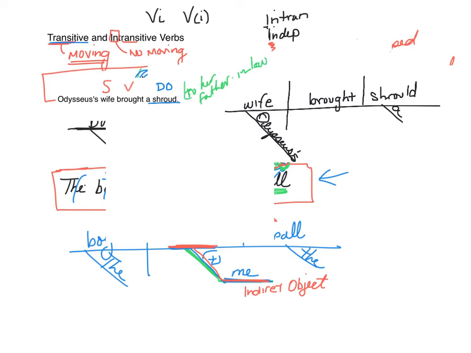This prepositional phrase, to her father-in-law, is it describing what kind of shroud it is? No, it's describing where she brought it. And where is one of your adverb questions, so it's going to go here. To, I'm not writing this out, father-in-law. There you go. Her. No problem. However, what if I have a slightly different sentence?